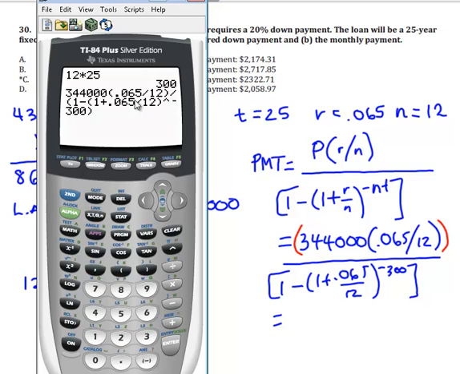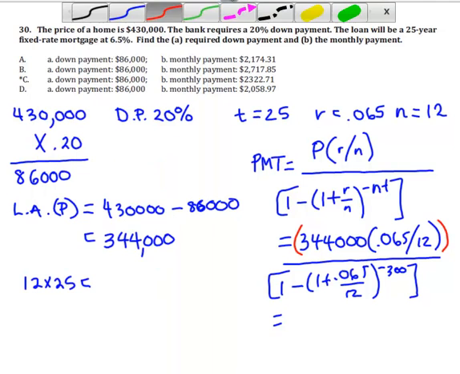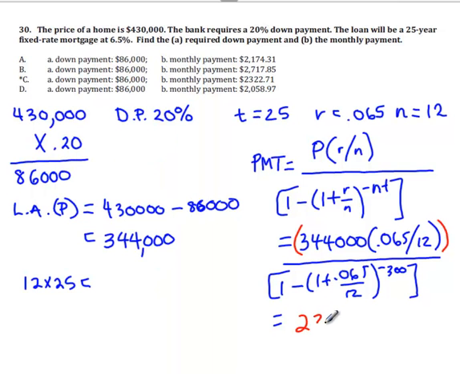All right, I've got 2 parentheses here and 2 parentheses here, and I get 2,322.71. So you can see that that is part C. Now, if you want to multiply out the numerator and get a value, and go ahead and get a value for the denominator, just go enough decimal places, and because it's multiple choice, you'll be able to find the one that's closest.